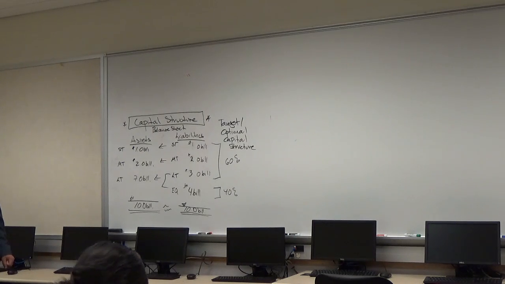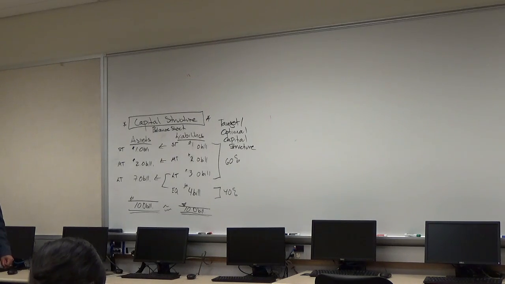What are you trying to do with your cost of capital? Maximize it or minimize it? Do you want to have a high cost of capital or a low cost of capital? Low cost of capital.